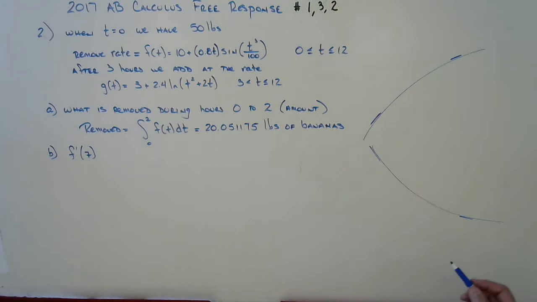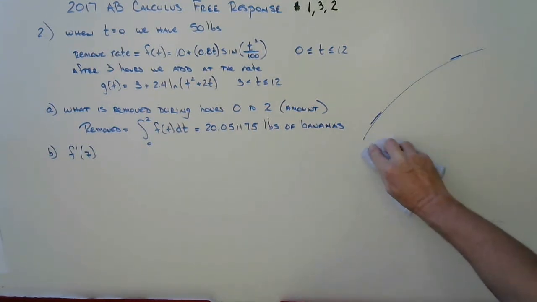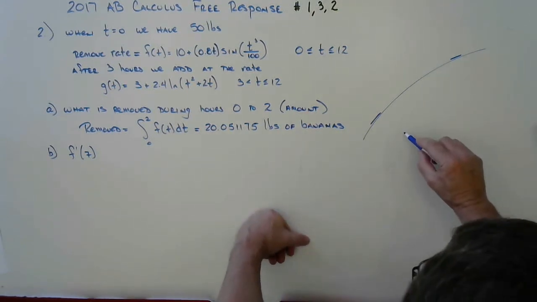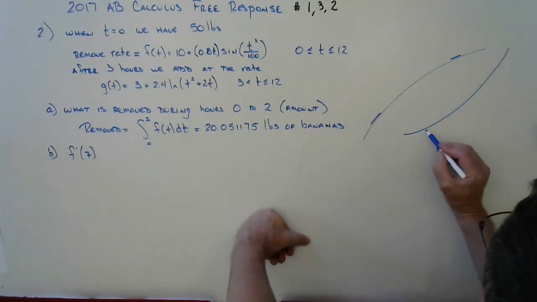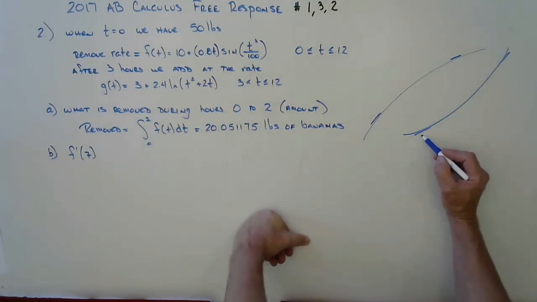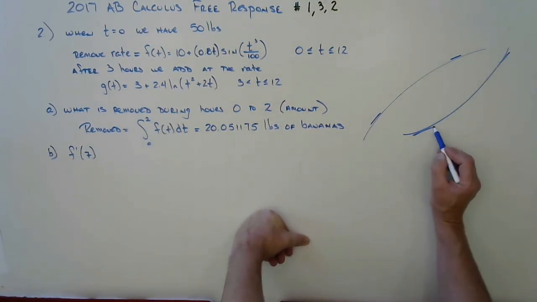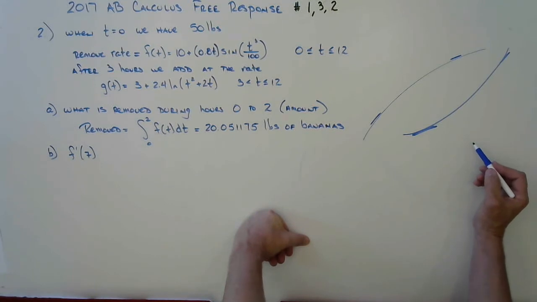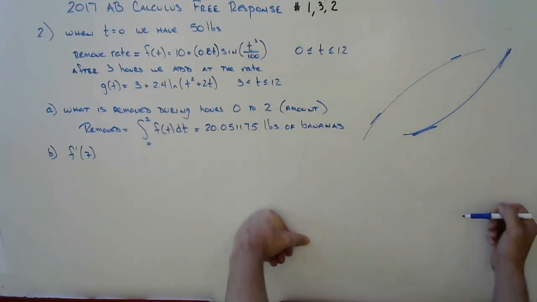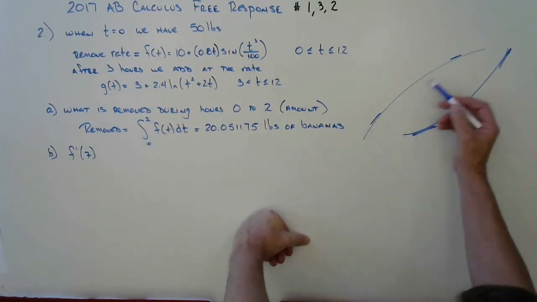Versus over here, right? So, these are the two graphs we should have. Here, at the time the store opened, people were removing bananas, but they were only removing them at this rate. The derivative is the slope. Now they're removing bananas at this rate, faster and faster. But now what else happens?